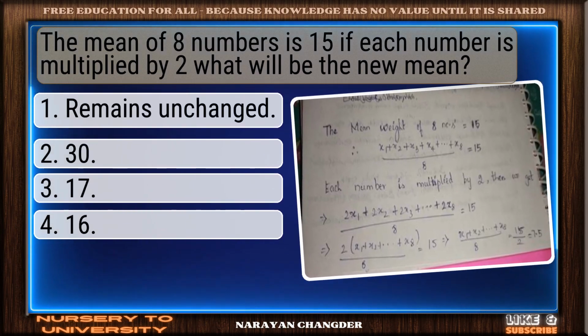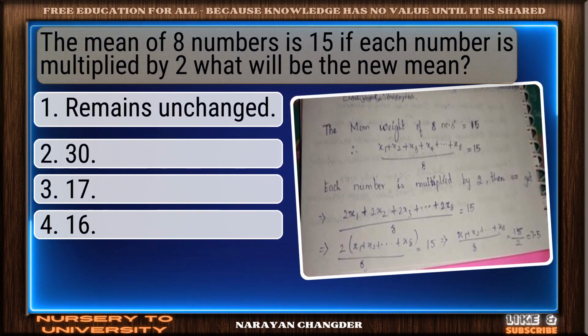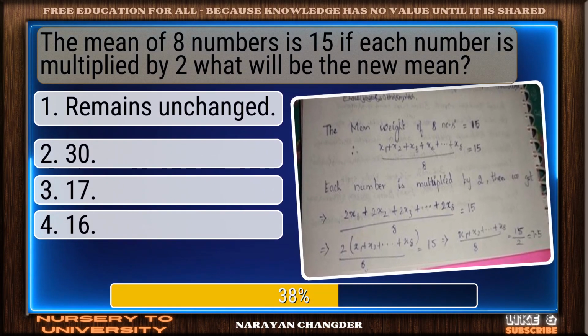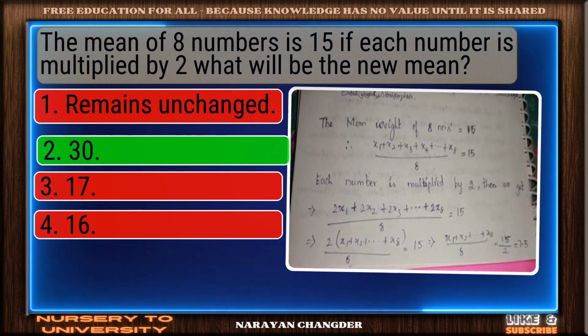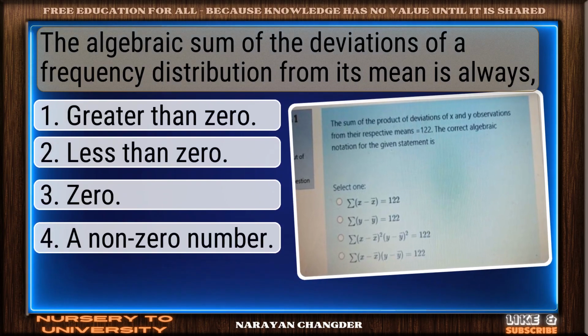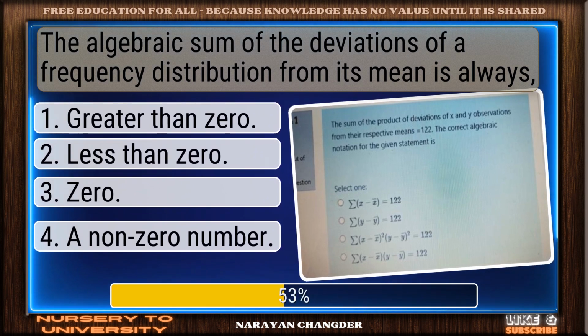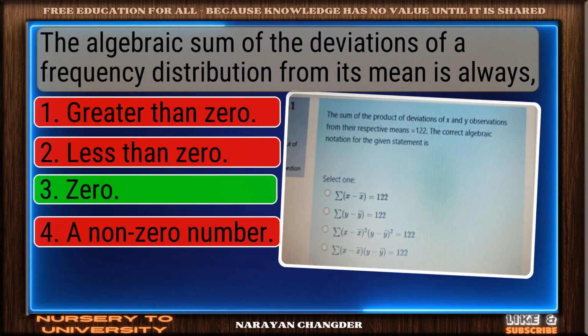The mean of 8 numbers is 15. If each number is multiplied by 2, what will be the new mean? Perfect. 30 is the one. The algebraic sum of the deviations of a frequency distribution from its mean is always dash. Smart move. 0 is the accurate answer.